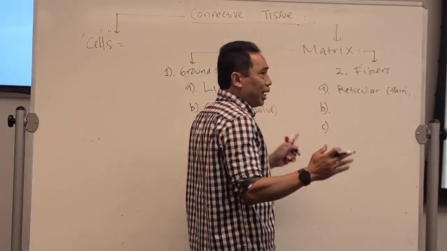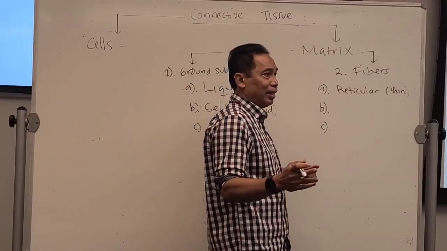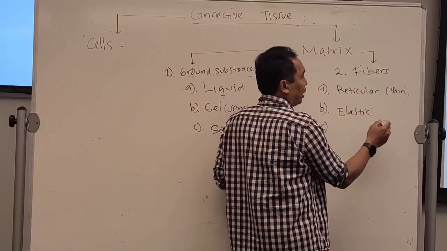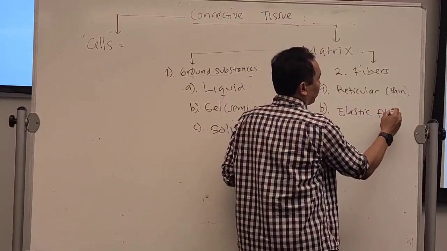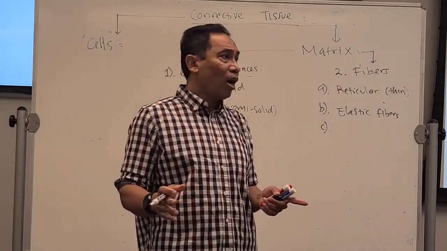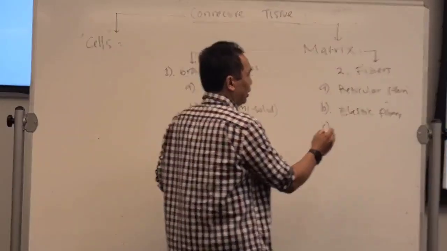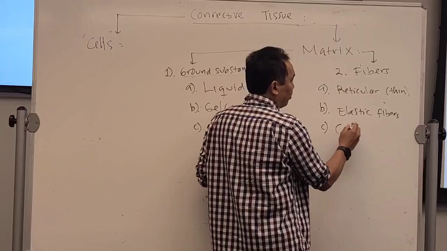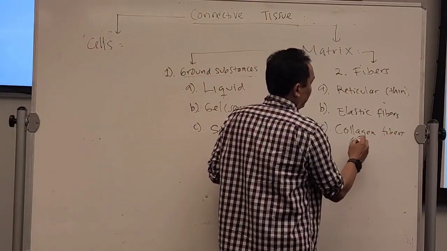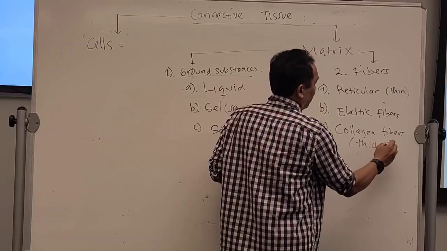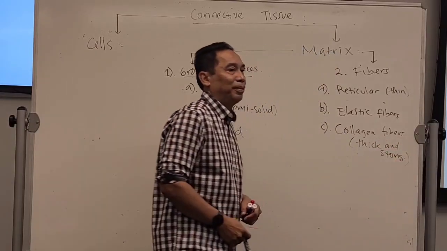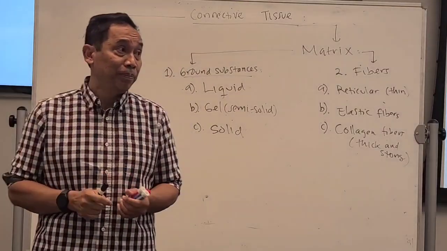If it is medium size and elastic, it's called elastic fiber. If it is really thick and strong, it is called a collagen fiber. Okay, thick and strong. Okay, you get this one first?